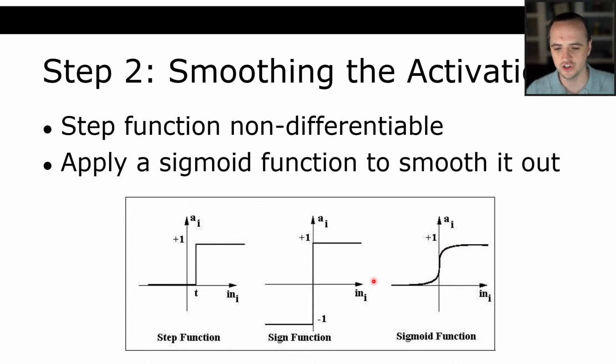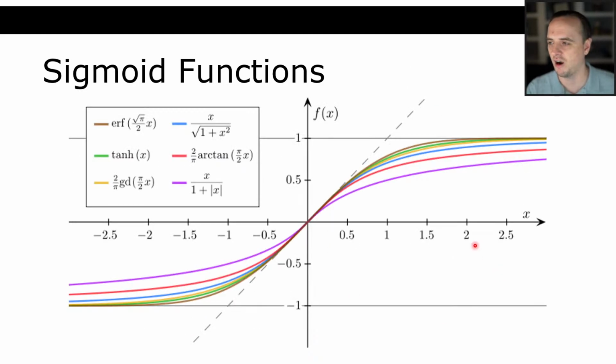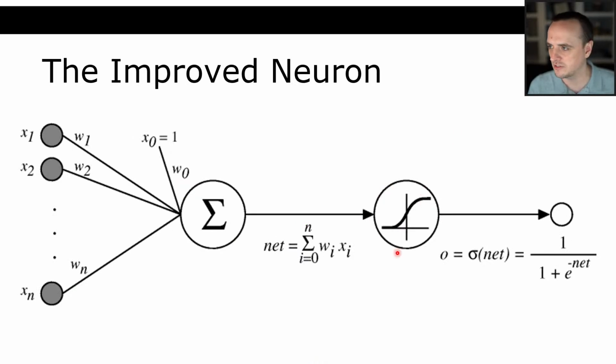So this is a function which is differentiable at all points. It is not a hard cutoff at any particular spot. And there are many, many different types of sigmoid functions. Here is one example. Here are a bunch of examples. But essentially, when you run a neural net, you're going to have to choose your sigmoid function. They all have slightly different properties. And what it does is it replaces the thresholding part. Okay?